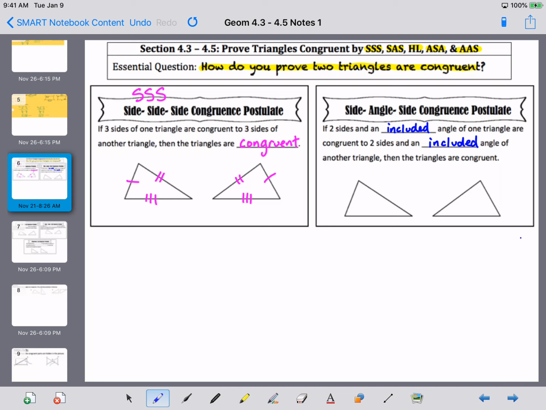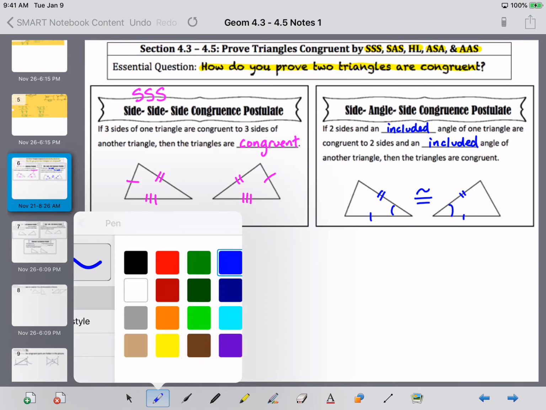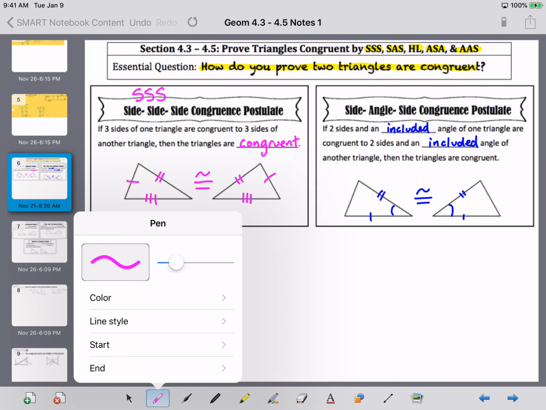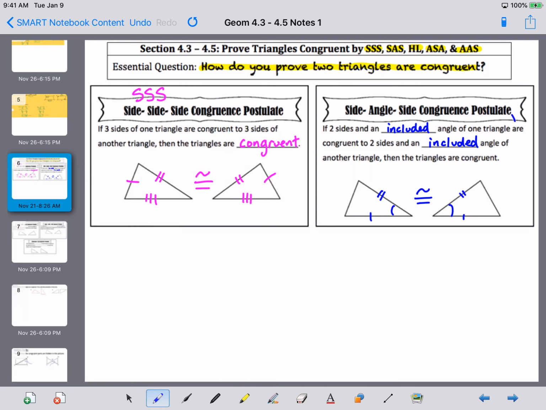So for example, you got 2 sides and the included angle here are congruent to 2 sides and the included angle here, then these triangles are congruent. So we can put a congruent symbol in our first one as well. And we don't want to write out side angle side every time, so we call this one SAS.